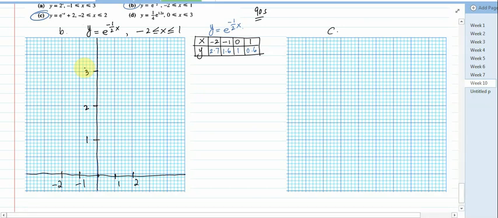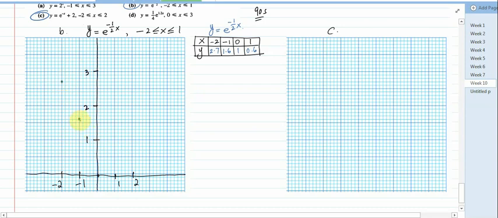Now after the grid I need to plot the points, and I will construct these points with a green pen. When x is minus 2, y is 2.7, so minus 2 and 2.7, this one. That is my first point. When x is minus 1, y is 1.6, that is my second point.